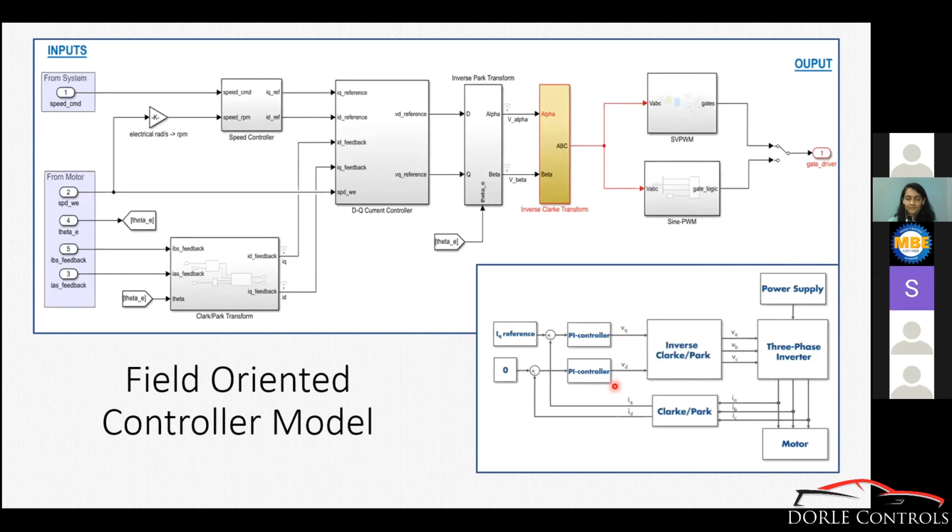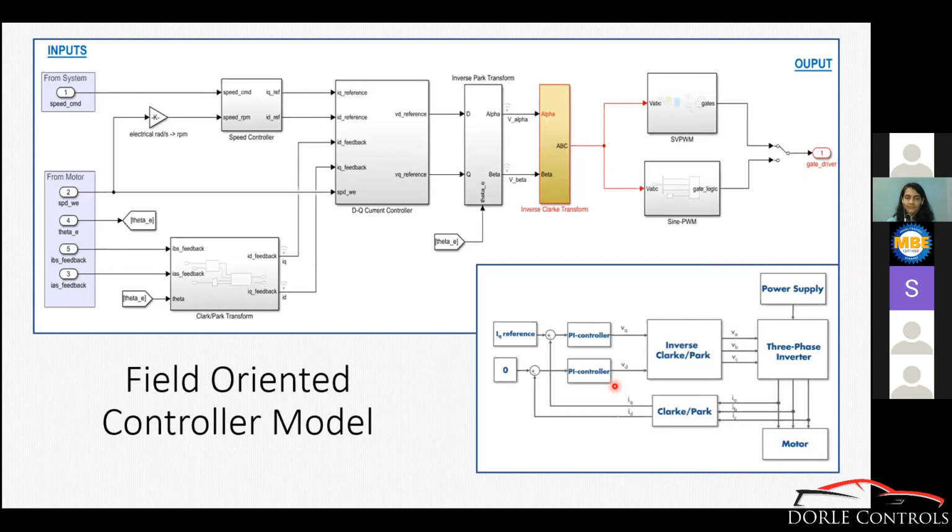The speed controller subsystem is basically only for getting the difference between the current speed of the rotor and the reference speed. The DQ current controller is responsible for controlling the two current components, the direct axis current and the quadrature axis current, and converting them using mathematical decoupling into the direct axis voltage and quadrature axis voltage.